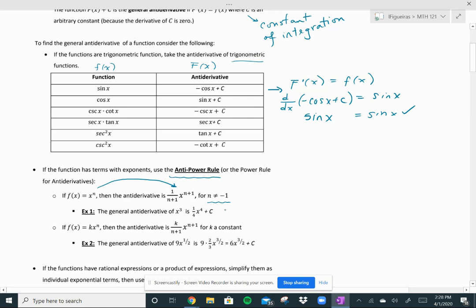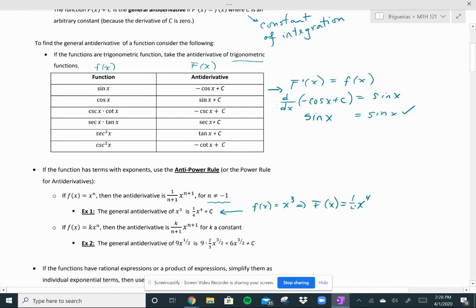Here's an example. We want to find the general antiderivative of x cubed. So x cubed is f of x. The antiderivative, capital F, will be the exponent raised by adding 1 to the power, and then multiplying by the reciprocal of that exponent.